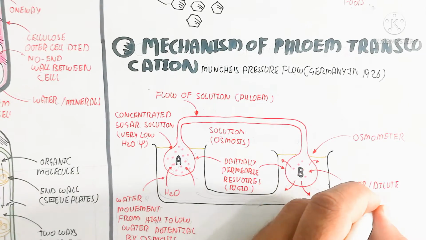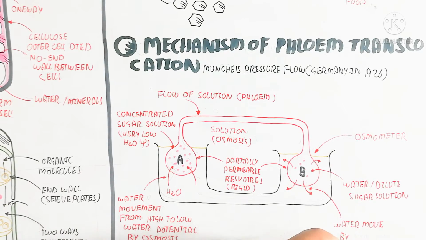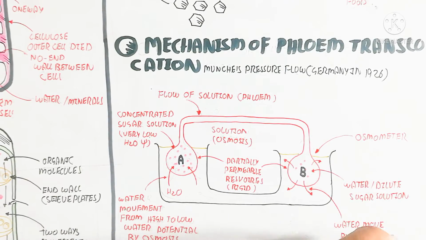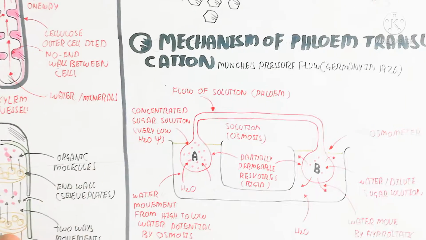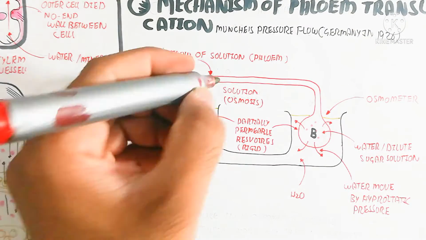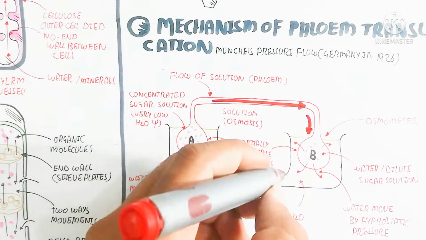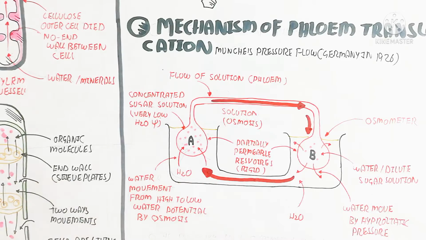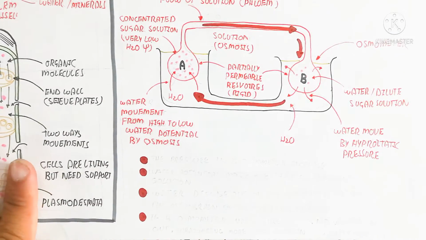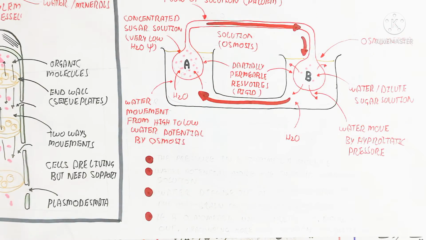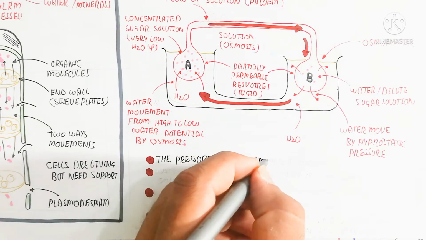So osmometer B contains less solute and more solvent water. So the water moves out by hydrostatic pressure rather than inside, and the dilute solution's water will be absorbed in osmometer A, because it is more concentrated.